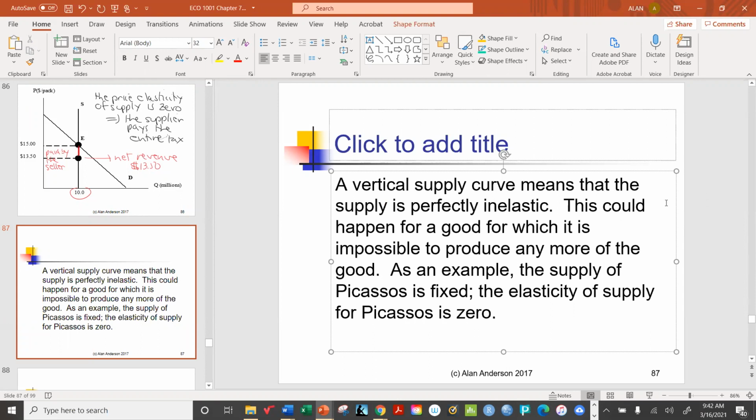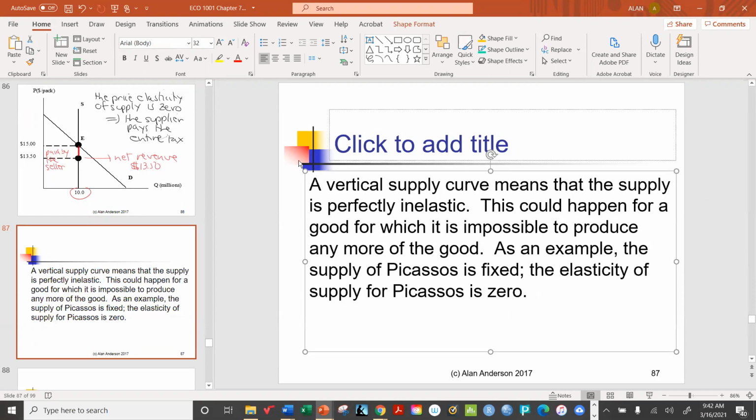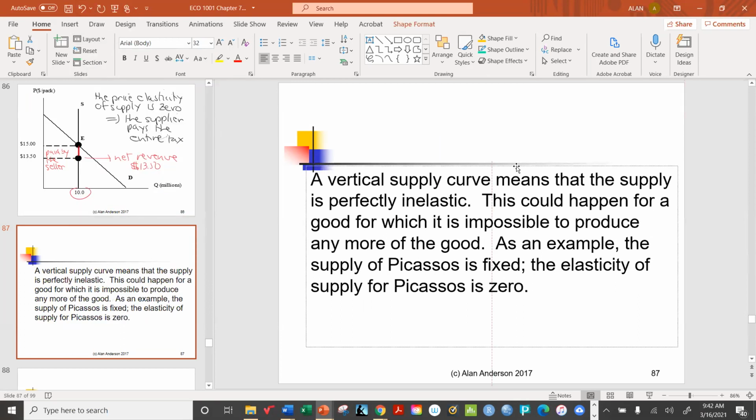So you would have a vertical supply curve of Picassos that we only have so many and that's it. So therefore, if a tax is imposed on Picasso paintings, the sellers, meaning let's say the dealers who sell them, are going to have to pay that tax. But anyway, it's very unusual, but it's not impossible.